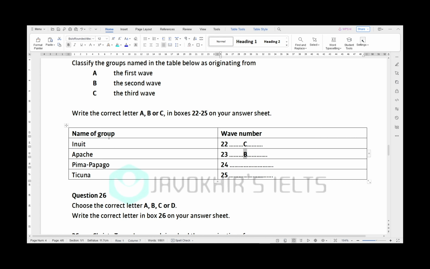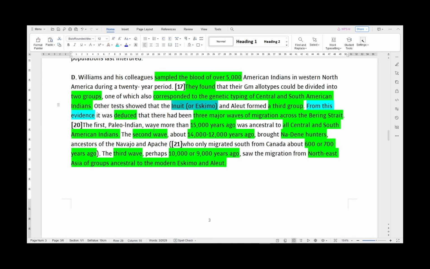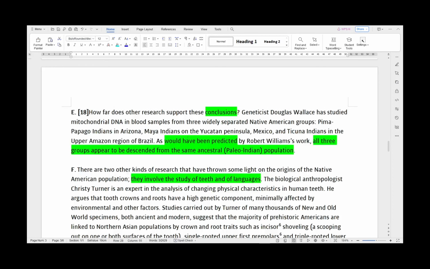Pima Papago. So we know Pima Papago was where? We remember that. So what happened here?